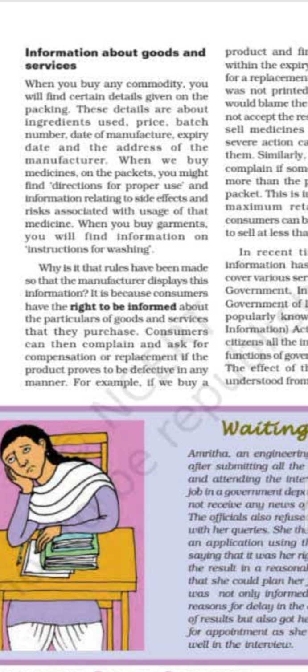When you buy any commodity, you will find certain details given on the packaging. These details are about ingredients used, price, batch number, date of manufacture, expiry and the address of the manufacturer.